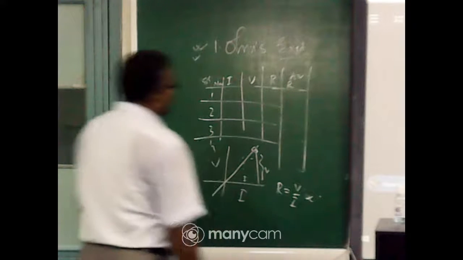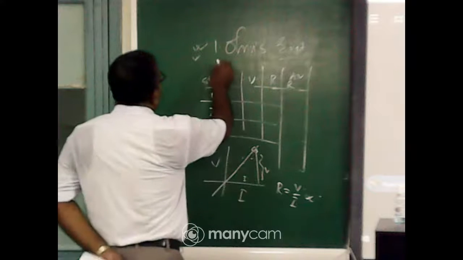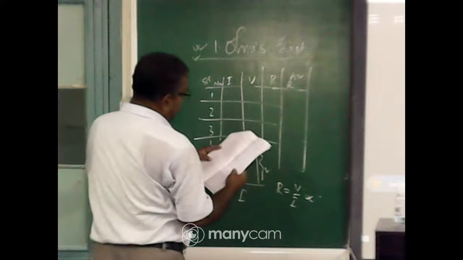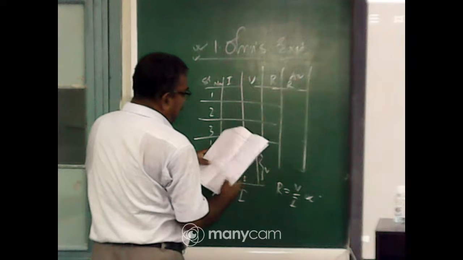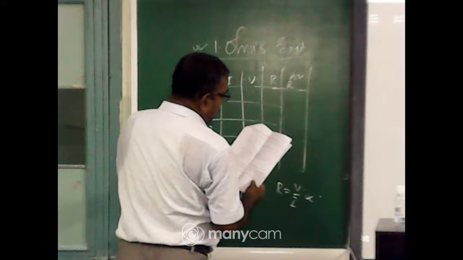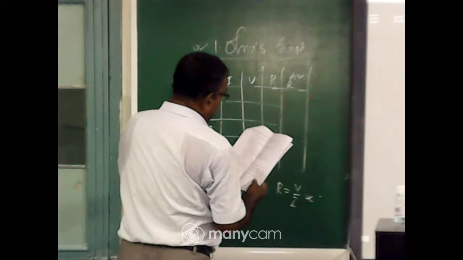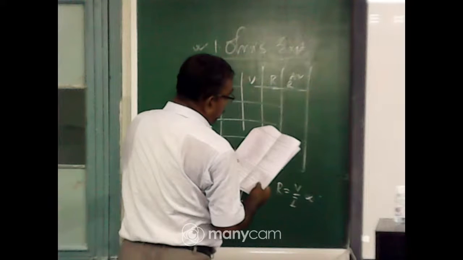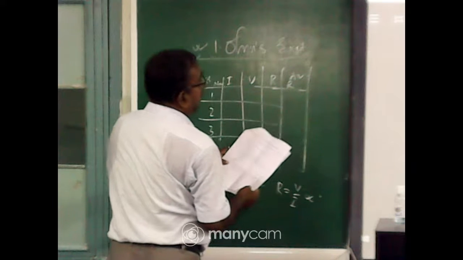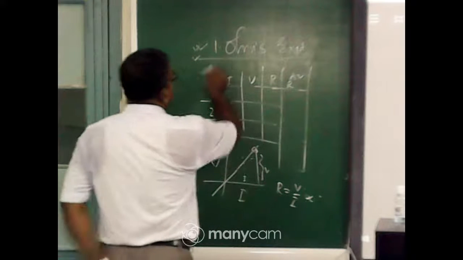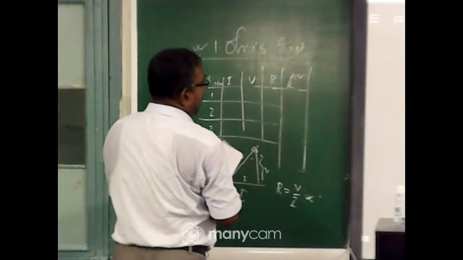Okay, you see, experiment number 1: studying the dependence of potential difference across a resistor on the current passing through it, determining its resistance, and also plotting a graph between V and I. This is the aim of the practical.